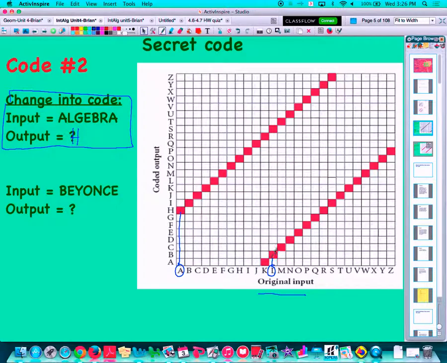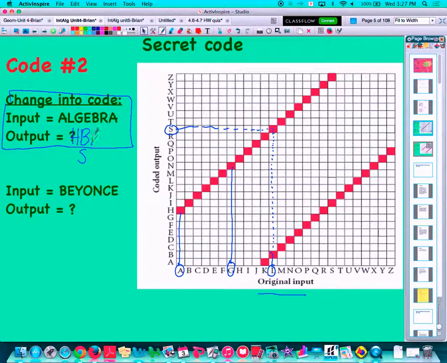L, follow it up. Now that goes with B, but you'll notice something different here as well, because above the letter L, if we keep going up, we also get to another letter that could be an output there. So L for an input could go with B for an output, but it could also go with S. So HB or HS could work here. Now if we find G, G is one that has only one output.